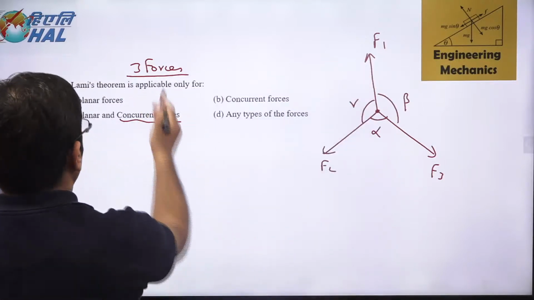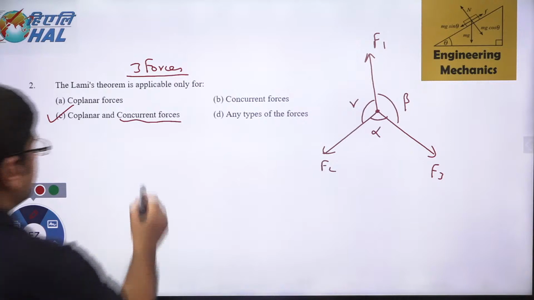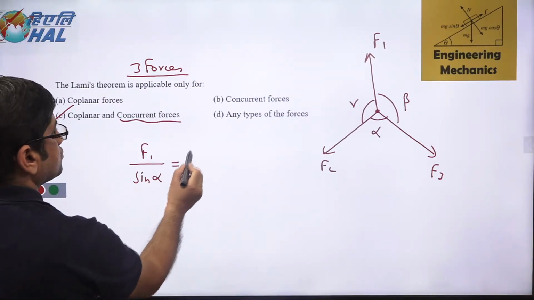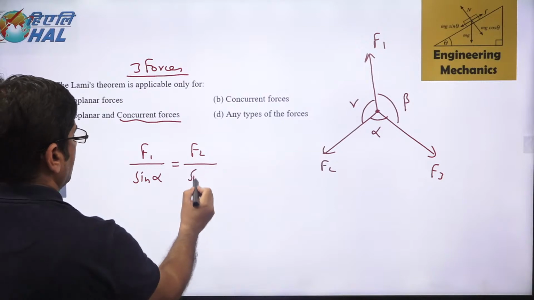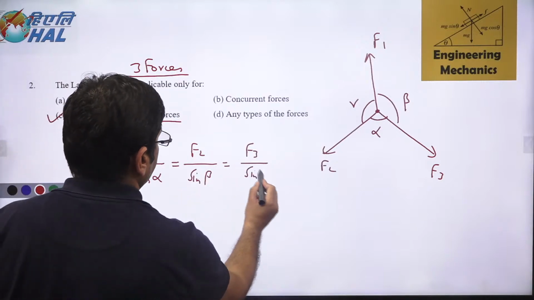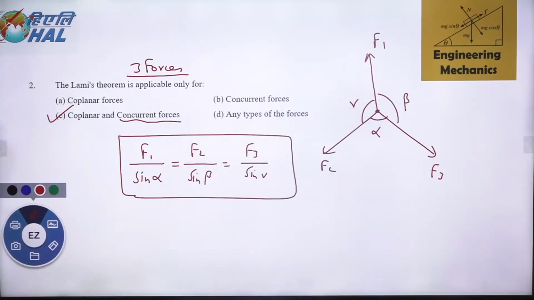Then Lami's theorem says the body will be in equilibrium if F1 over sine of alpha is equal to F2 over sine of beta is equal to F3 over sine of gamma. This is what Lami's theorem is, and you can expect questions from Lami's theorem.